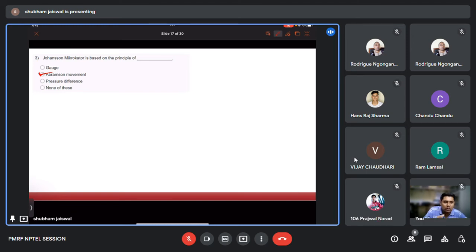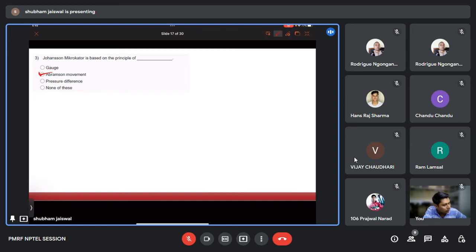We use a string and stretch it, and the button inside it will rotate or deflect. Based on that principle, he designed the Johansson micrometer. When we attach the strings, the deflection will move. He observed that movement and invented the Johansson micrometer. That's why people call that movement the Abramson movement.